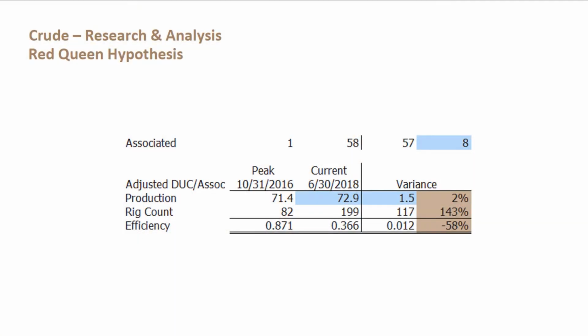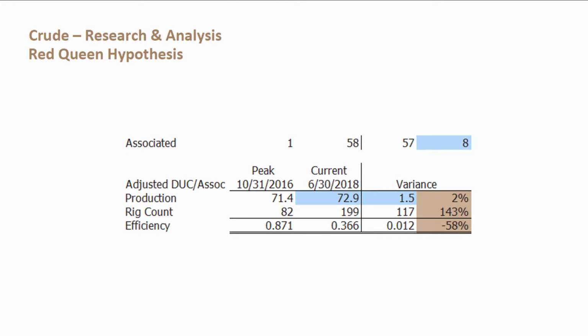Then the final thing we have to do is look at associated gas production, that is, again, gas production from crude oil wells and crude plays. So if you look at that over this period, associated gas production has increased significantly from 1 BCF a week to 58 BCF a week. That change is about 8 BCF per day over that period.